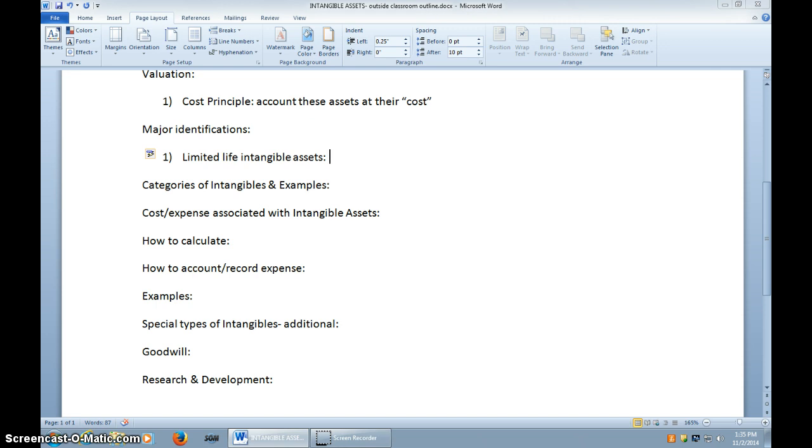That means that these assets have either a legal life in years or a useful life also in years.